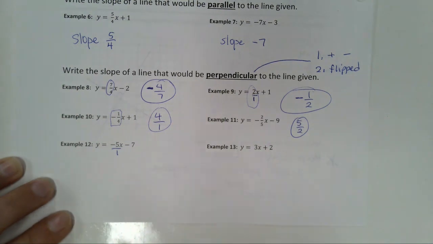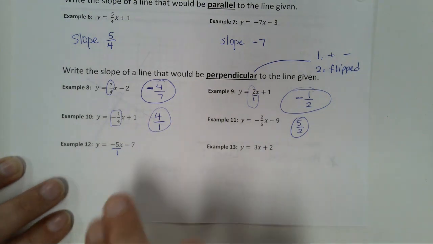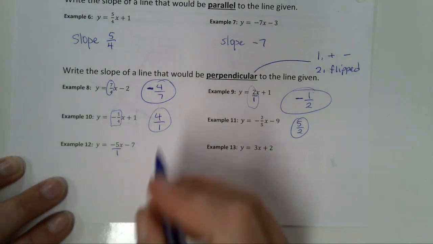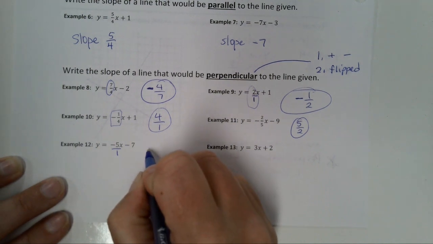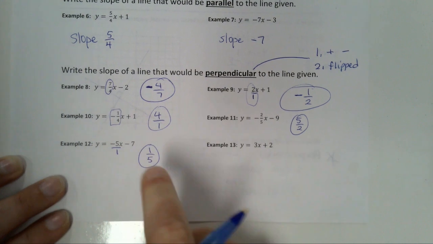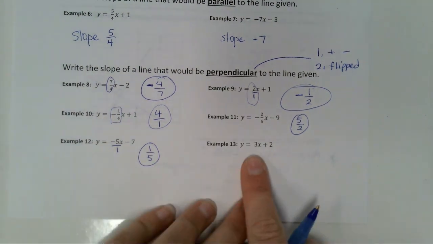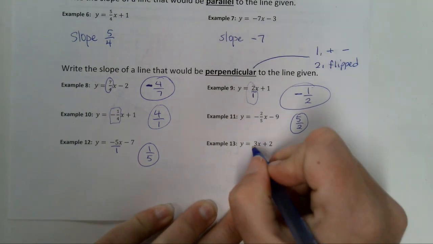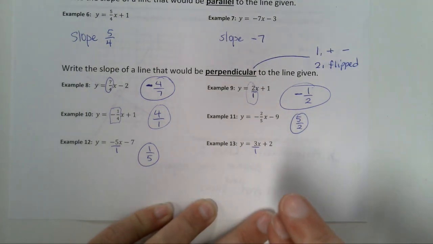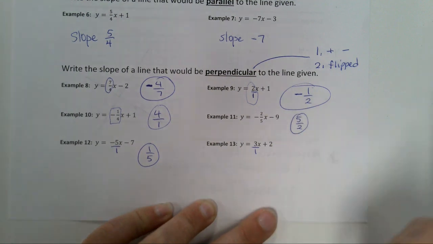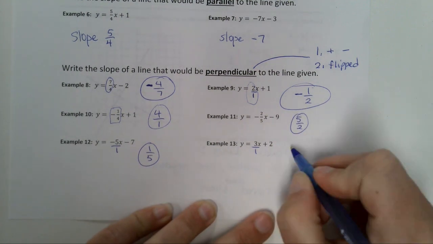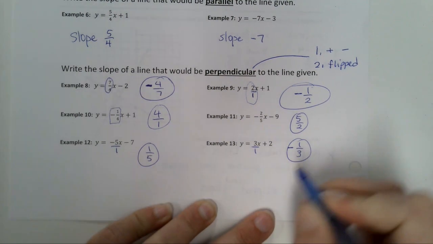So if I'm going to do perpendicular to that, this one's negative, we're going to do positive, and when I flip it, it's going to become what? Is it going to be positive or negative? Positive 1/5. Why is it positive? Because that one was negative. All right, this one, what's my slope? 3/1. So my new slope is going to be flipped, and is it going to be positive or negative? Negative 1/3. Piece of cake, right?